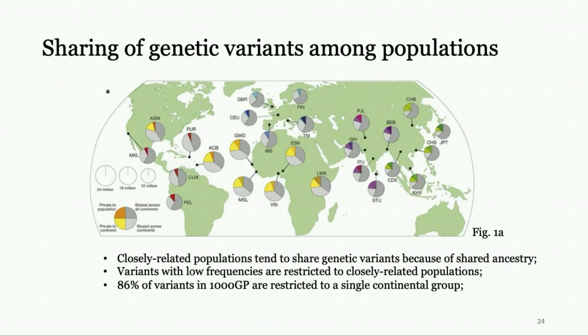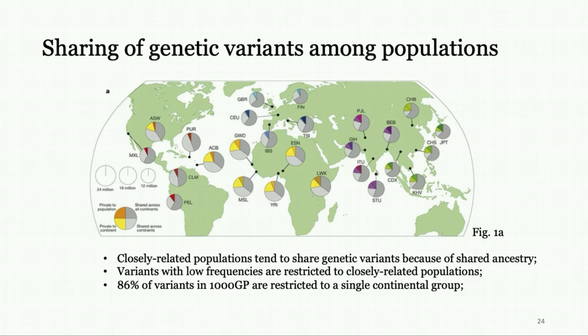So this is the sharing of genetic variants across populations. The darker gray are the variants that are shared across all populations. Basically, the idea is that populations that are close to each other tend to share genetic variants.